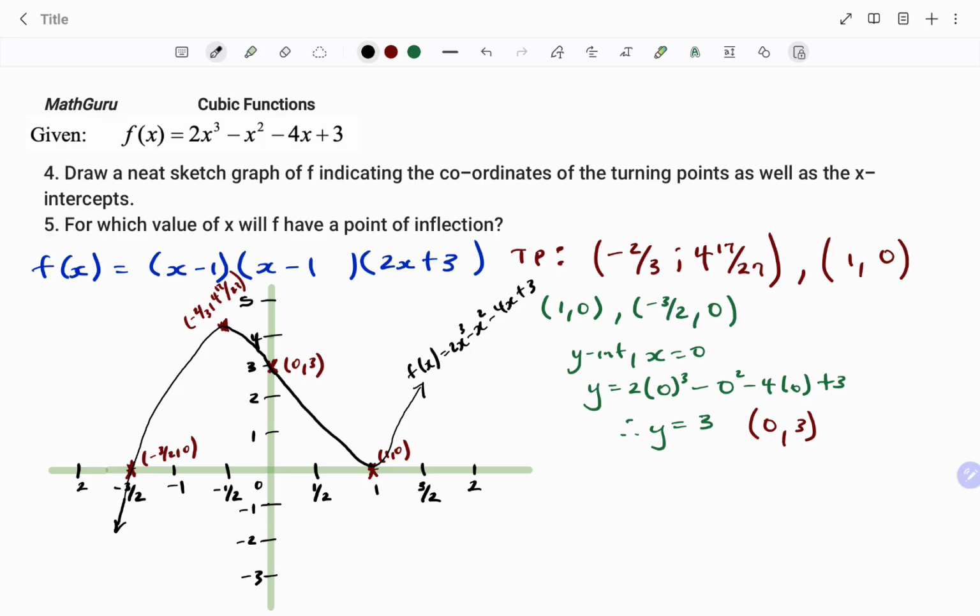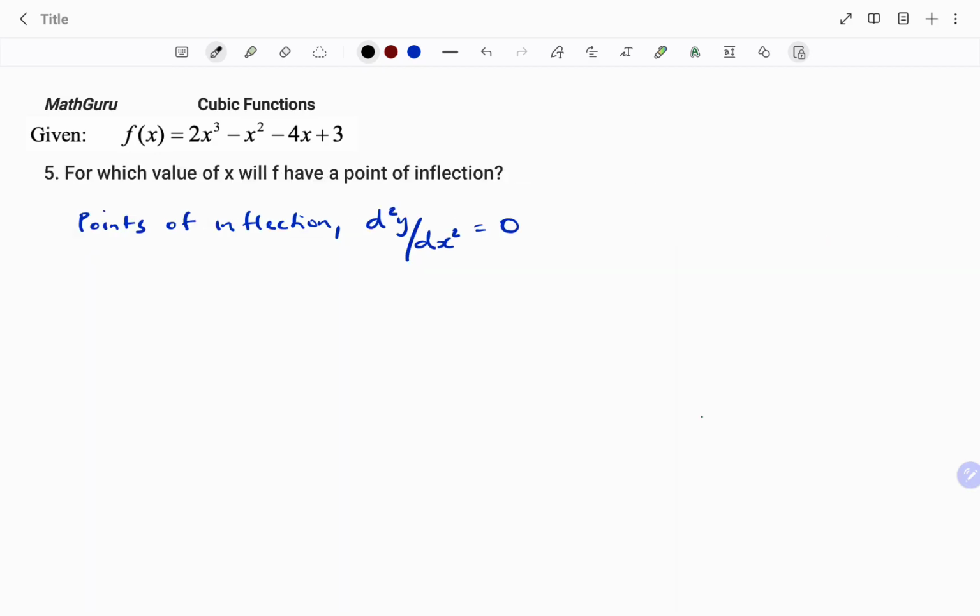To calculate the point of inflection, d squared y over dx squared equals 0. That is, the second derivative will be equal to 0. Initially, we had f of x equals 2x cubed minus x squared minus 4x plus 3.